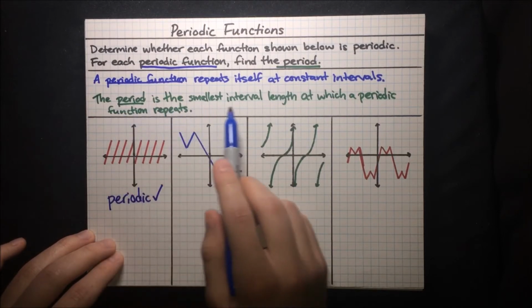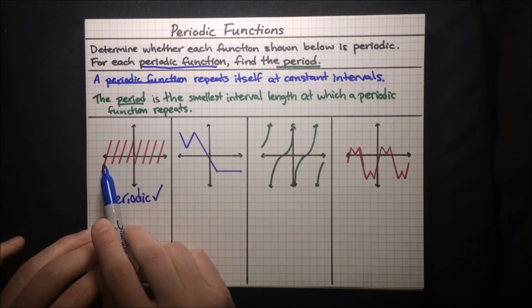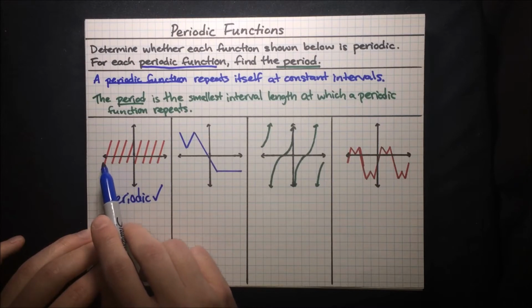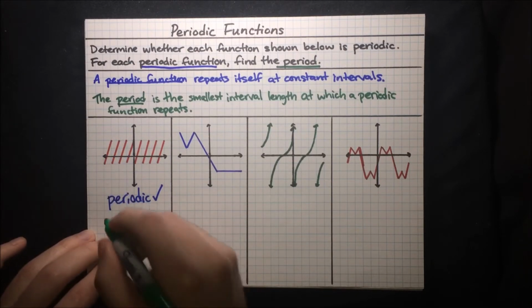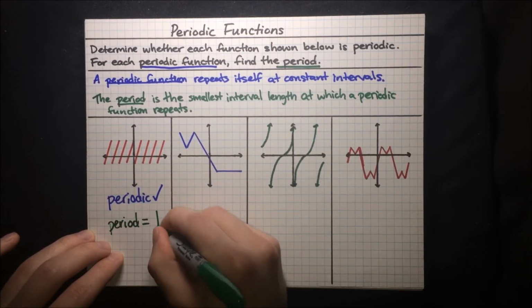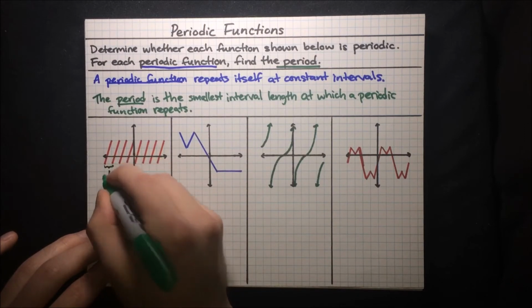Well, the period is the smallest interval length at which the periodic function repeats. This repeats at a length of 1, and that's the smallest interval length that we can go. That's the distance to the next slanty line. So the period then is equal to 1 because that's the distance between the slanty lines.